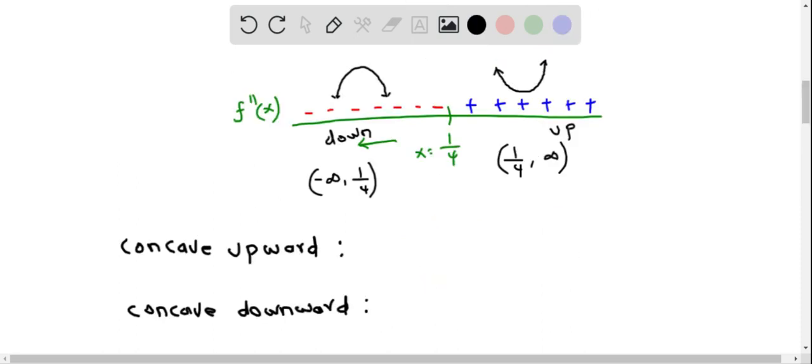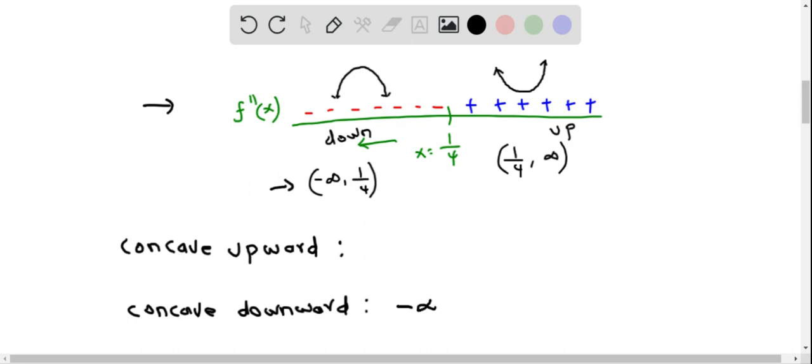We now write the concave upward as well as the concave downward intervals using the sign chart we prepared for the second derivative of the function. We have already determined that in the interval negative infinity to 1/4, it is concave down.